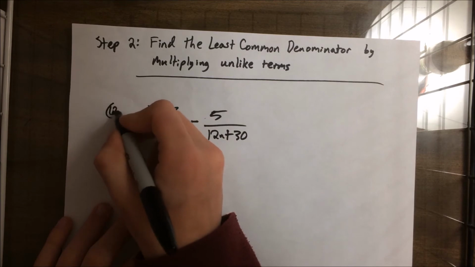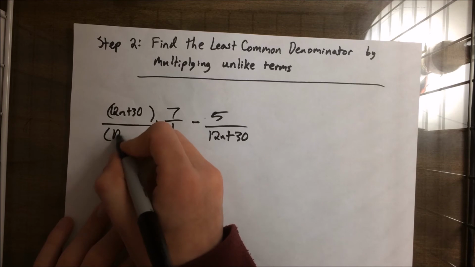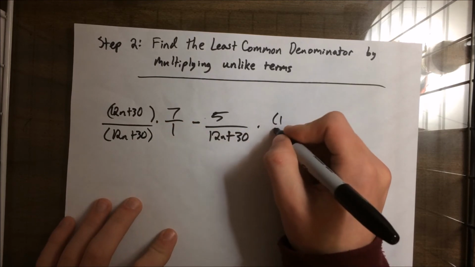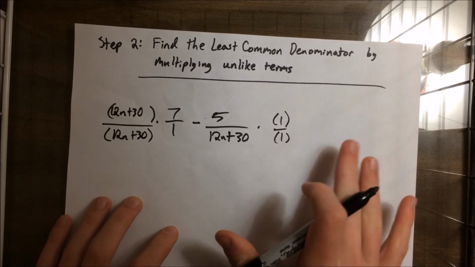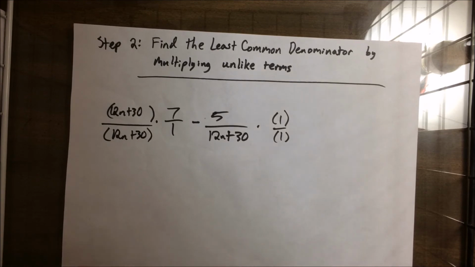So 12n plus 30 over 12n plus 30. And you can write times 1 over 1 just to show that there's no unlike terms going from there to under the 7. So in step 3, we are going to simplify.